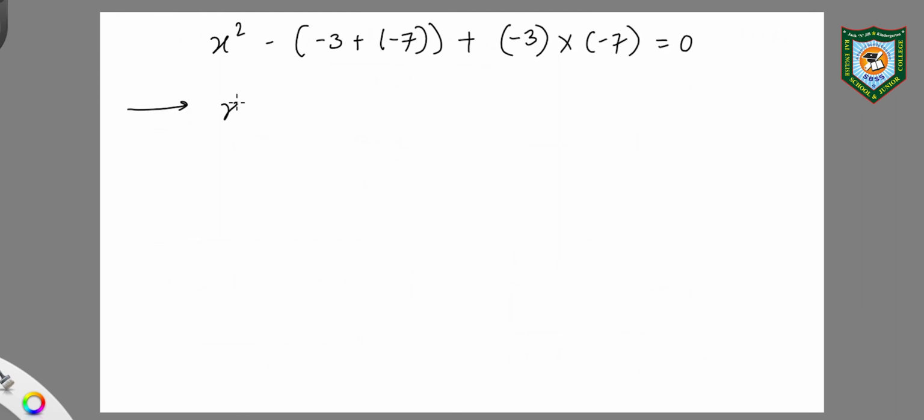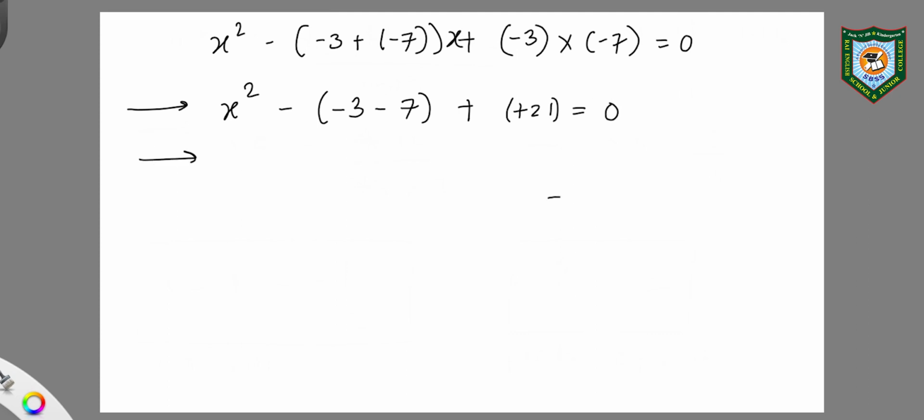This implies x square minus 3 minus 7 plus minus 3 into minus 7, which is positive 21. So this is plus 21 is equal to 0.